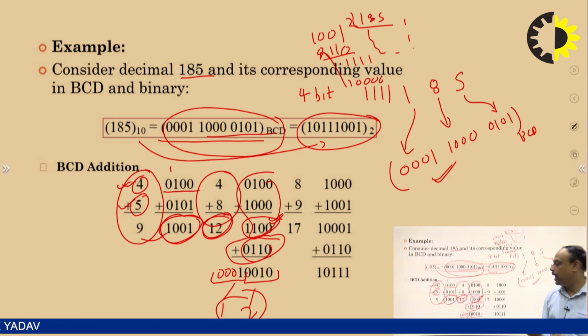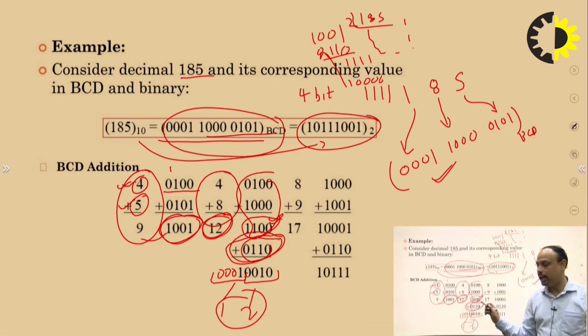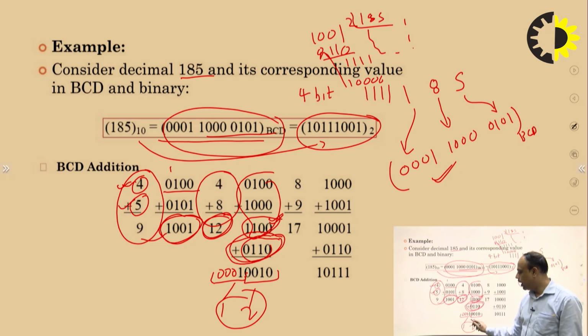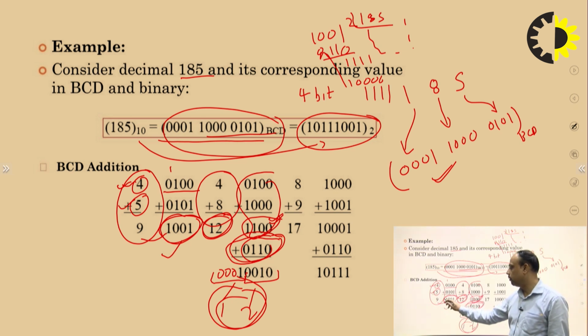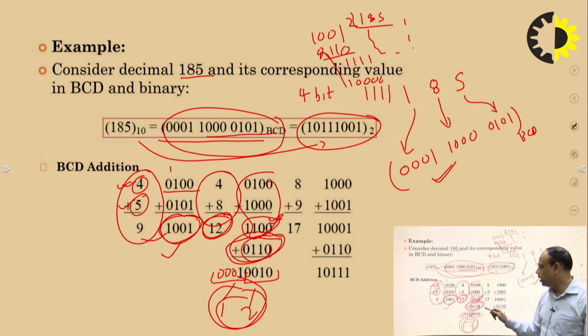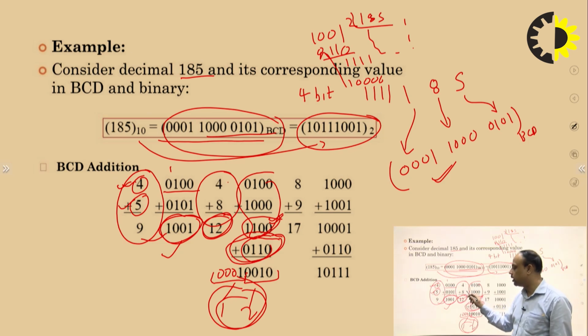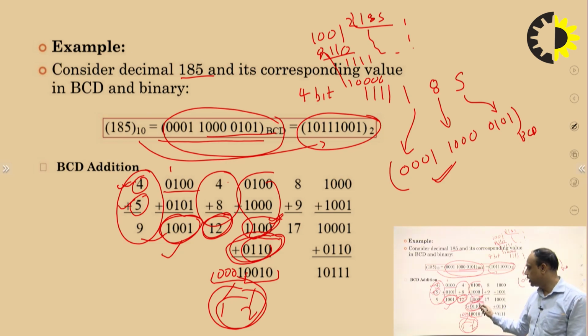So just by adding 6, which is known as the error correction, we get the decimal equivalent of the addition. There is no need of any correction if the result is less than 9. There is a need of correction when the result is greater than 9, as we can see over here.